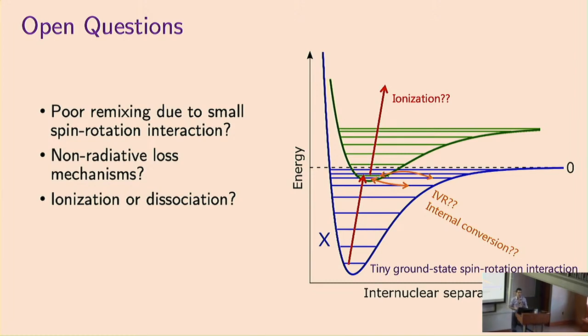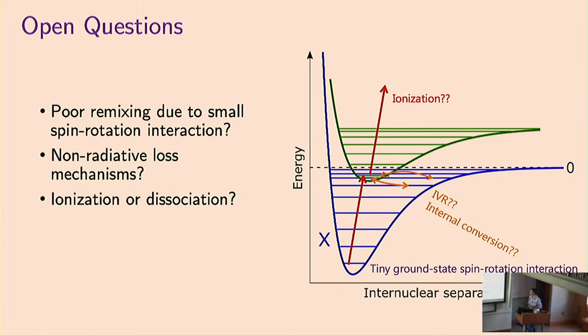We were not able to resolve it in that optical spectrum, which given our resolution means that it's probably smaller than 1 or 5 megahertz, sort of at the largest. And that could give rise to very slow remixing of dark states in the ground level, which in a molecule like CaF would be remixed much faster due to the 10 or 20 times larger spin rotation constant. Another issue is that calcium phenoxide has 30 vibrational modes in it.